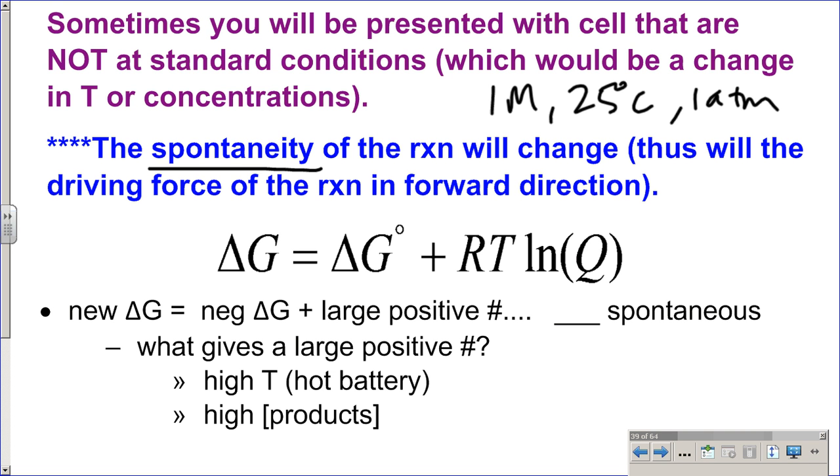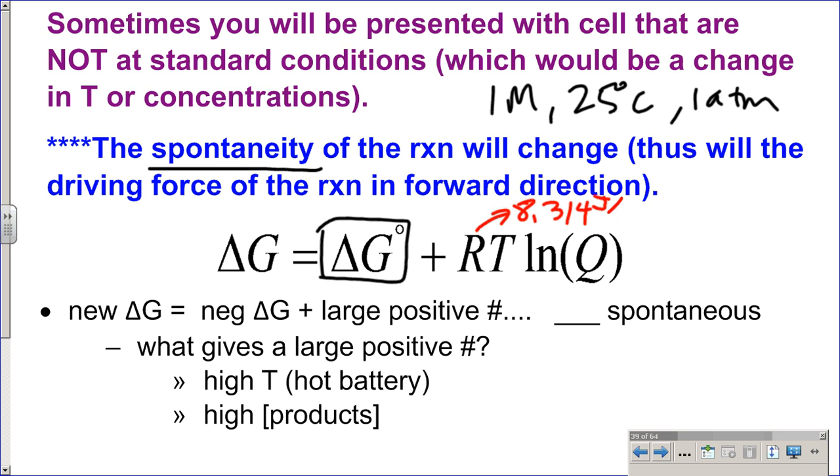So how does it change? If this is standard G, which is the naught, that's what that symbol stands for, standard conditions, what it's going to change by is this little chunk over here, plus RT ln of Q. What does this mean to you? Just remember this for a second because we're going to talk about it again in a minute. R is dealing with energy. What R value is that?